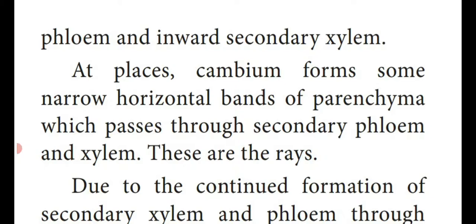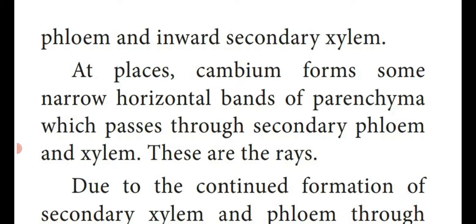Dear students, the cambium which is forming secondary phloem outward, inward is producing the secondary xylem. At places, cambium forms narrow horizontal bands of parenchyma which pass through the secondary phloem and xylem.